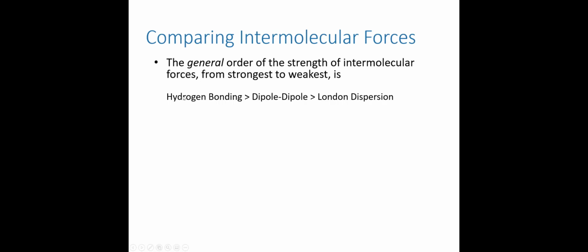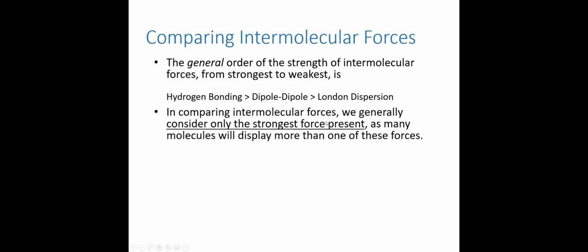We generally find that hydrogen bonding is the strongest of the intermolecular forces, and then dipole-dipole is the next strongest, and then London dispersion forces are the weakest. All of these are weaker than regular bonding. So, for example, ionic bonds we already talked about, they're extremely strong, and then covalent bonds are also quite strong, but not as strong as ionic. Both of those are much stronger than any of these intermolecular forces.